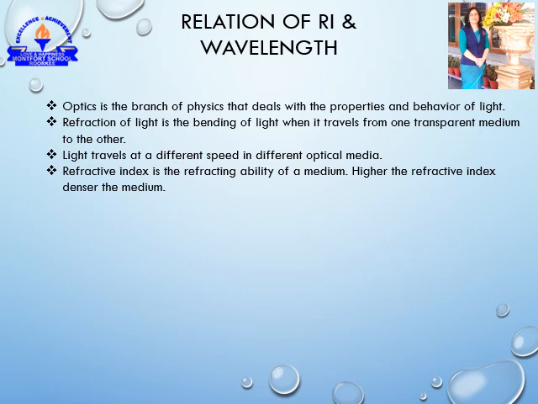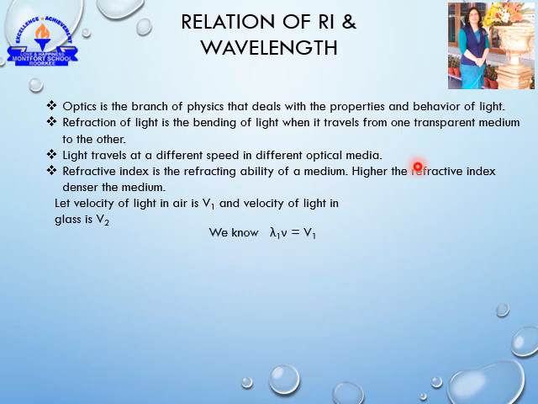And then light travels from one medium to another medium with different speed. So speed of light is different in different medium. Refractive index is the refractive ability of a medium. If refractive index is higher, the medium will be denser, and if refractive index is lower, then medium will be lighter.